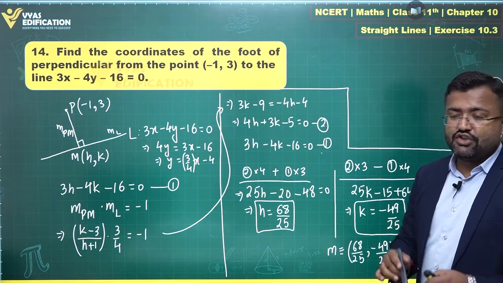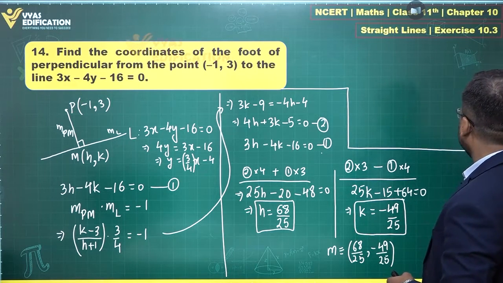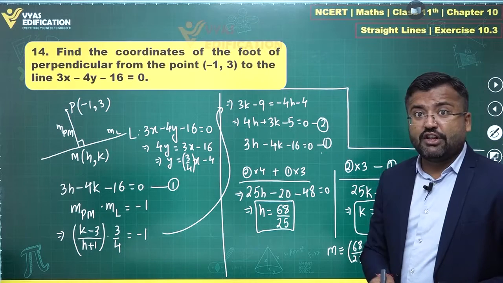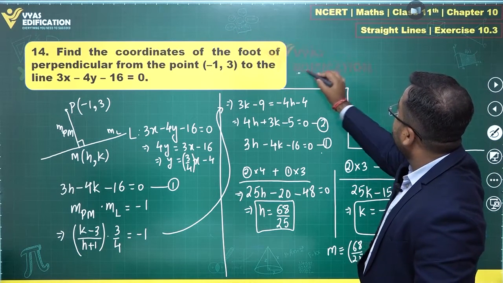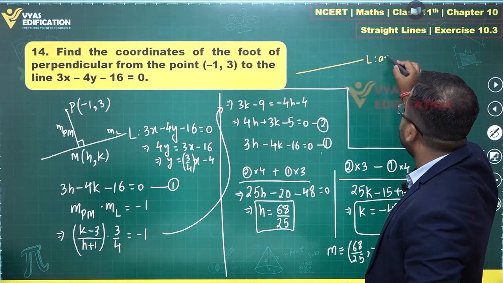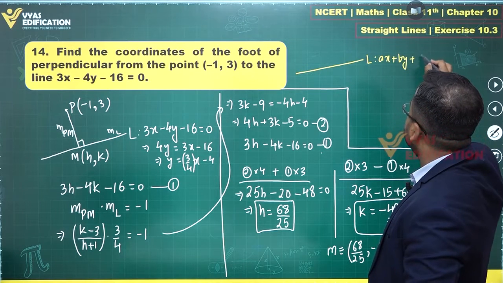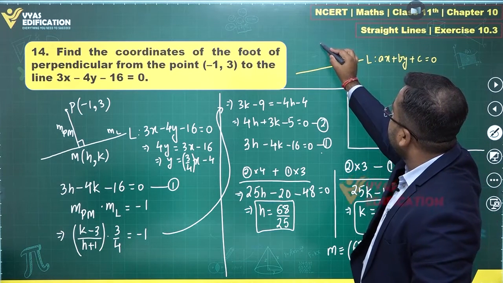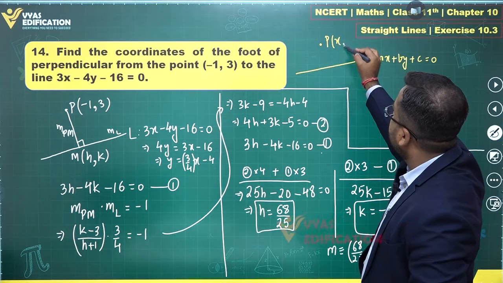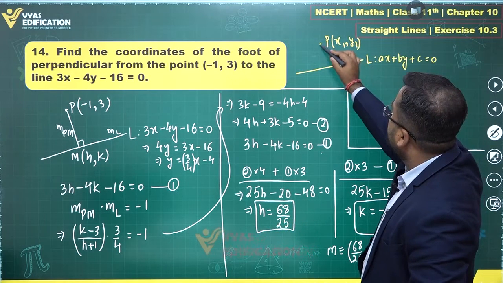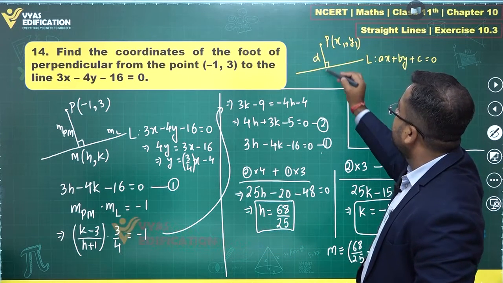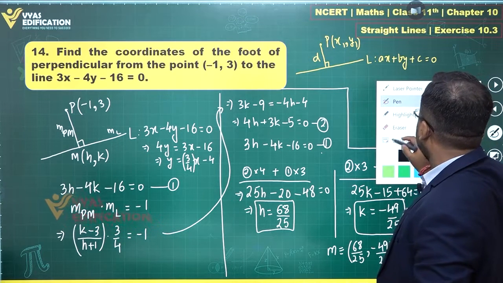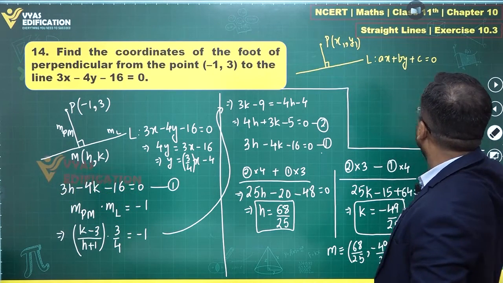What's that other approach? Using a direct formula. As we discussed, we'll spend some time on that as well. In case you have any line AX plus BY plus C equals 0, and for a point P (x1, y1), if you need the perpendicular distance D, sorry, not the perpendicular distance, if you need the foot of the perpendicular, right?